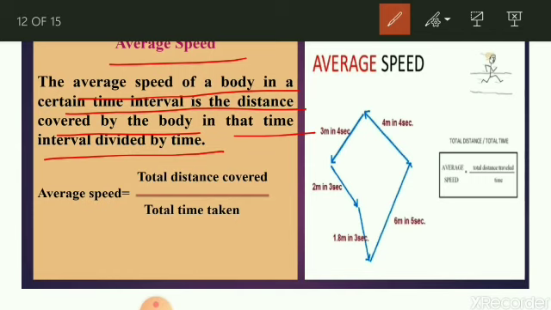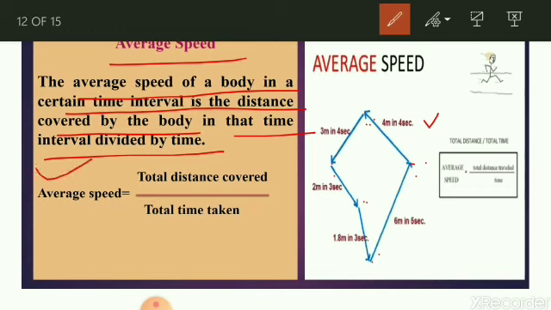Suppose here one object is covering 4 meter distance in 4 seconds, then 3 meter in 4 seconds, then 2 meter in 3 seconds, then 1.8 meter in 3 seconds, and then 6 meter in 5 seconds. It means both distances and times are unequal. In that case, we will find out the average speed.